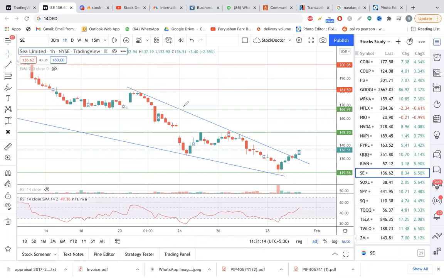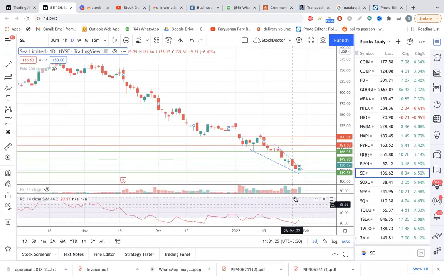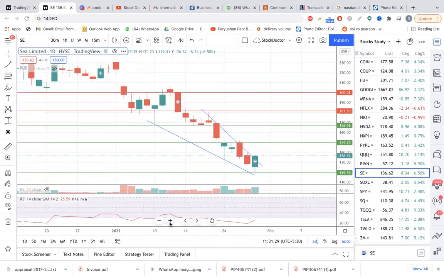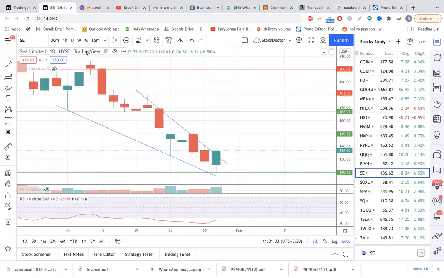Now, why? Because on the hourly time frame, it has given a breakout. Okay, and if we see on the day chart, this is a very interesting chart. On the day chart, it has given a good upside volume, as well as a bullish engulfing pattern it has created here.